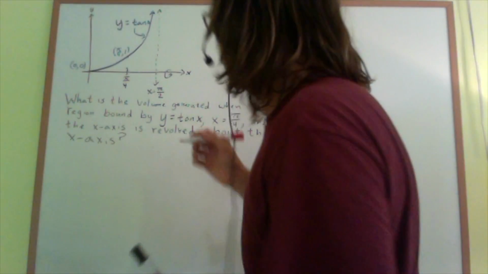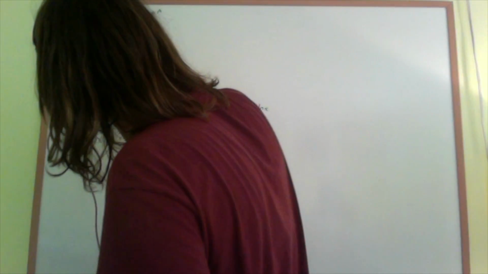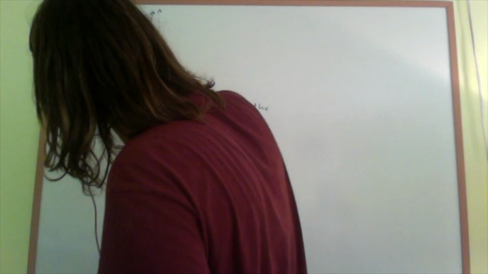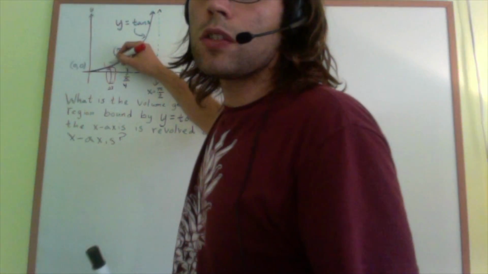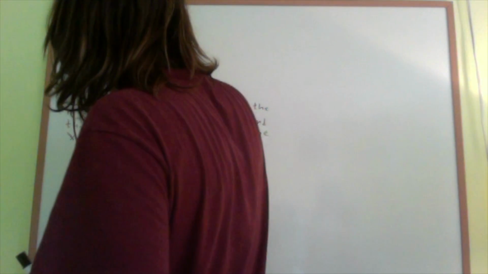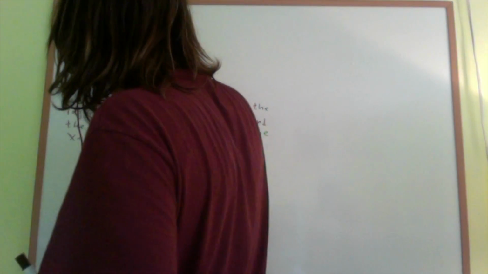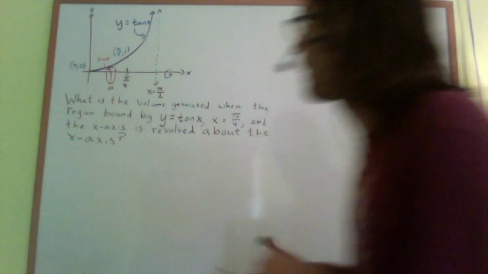So just drawing an arbitrary disk here, we have something that looks like this. And there's a little bit of thickness, delta x, and here is our radius. And that's the length from the x-axis to y equals tangent of x, so that length is tangent of x whenever tangent of x is positive.